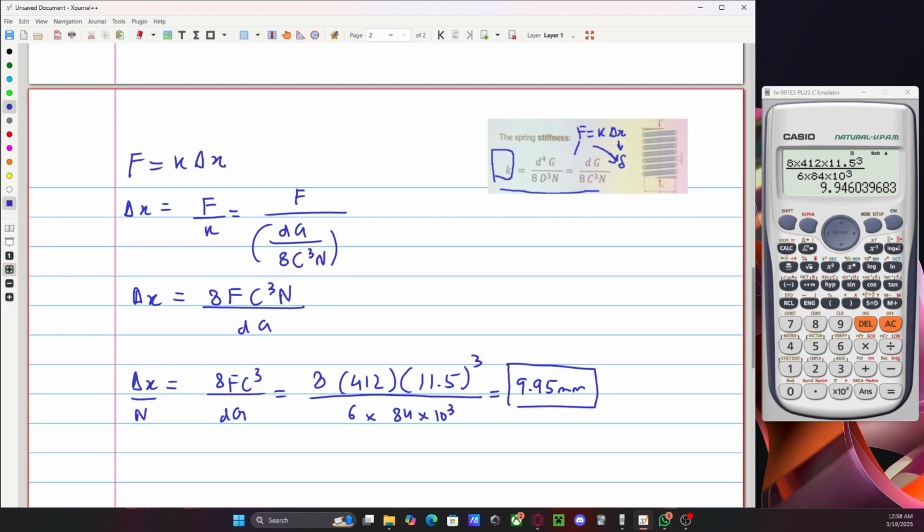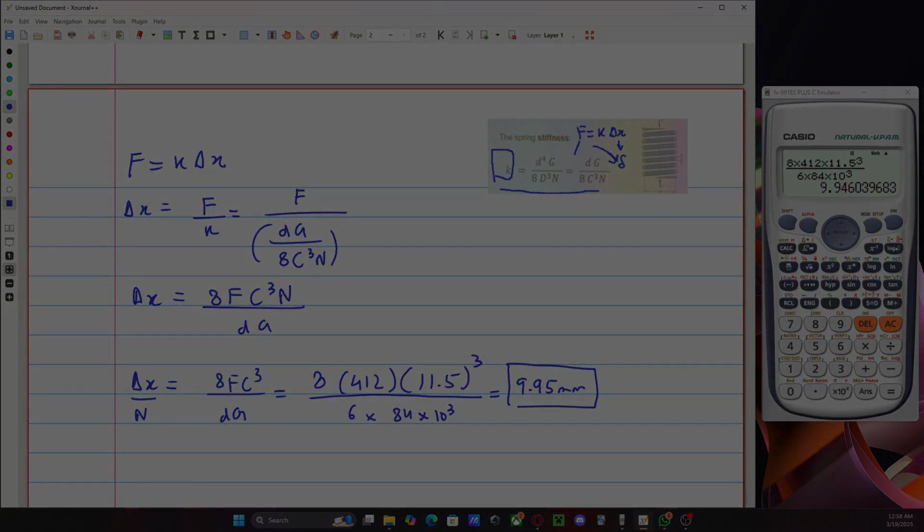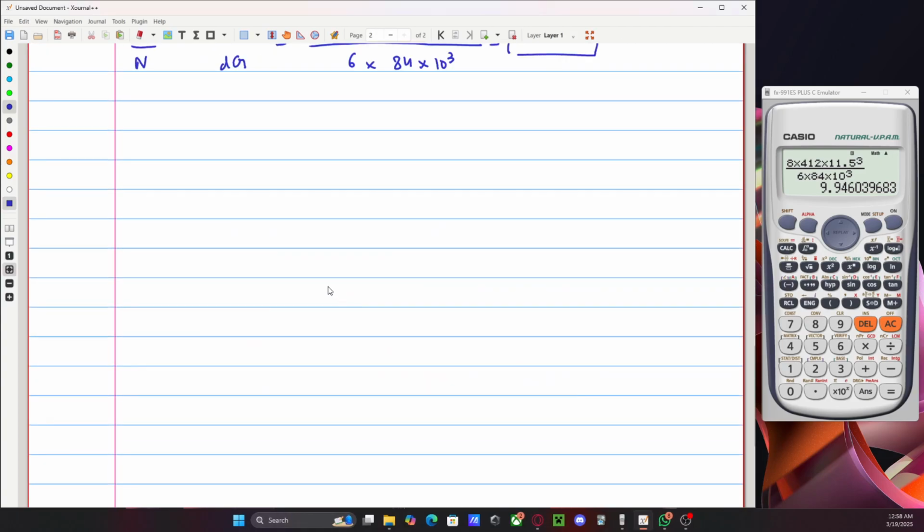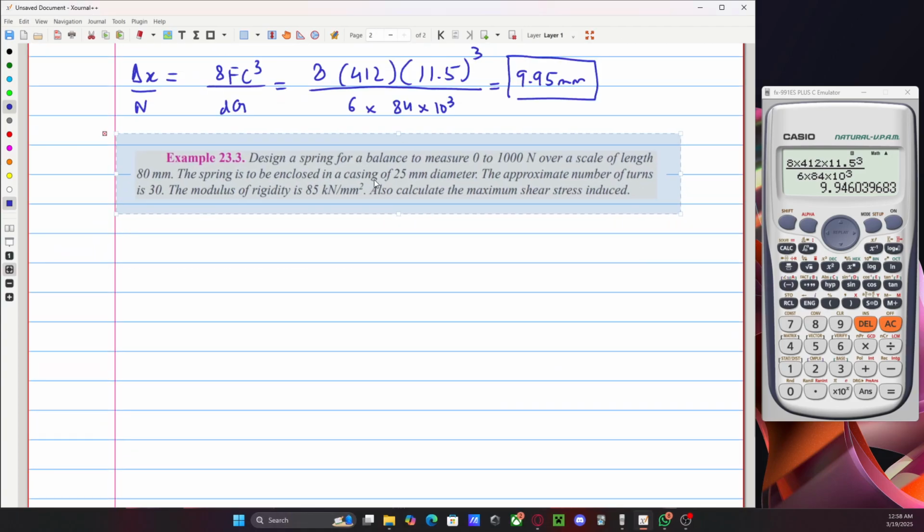So that's done. Now let's go on to another question. This was the other tutorial question, where we're given a design question. So this was what we were given. To design a spring for a balance to measure 0 to 1,000 newtons over a scale length of 80 millimeters.